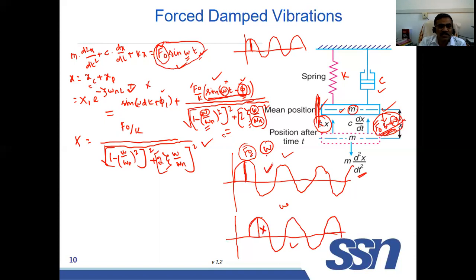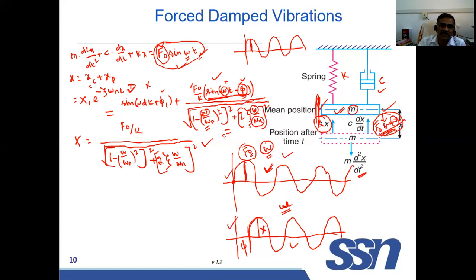Omega is the frequency of the forcing function, so if you apply a force like this, the body will also vibrate at the same omega, although its natural frequency is different. But it starts at some delay. This is known as phi, the phase angle difference. So what is phi? It is the phase angle difference between the forcing function and displacement. What is displacement?